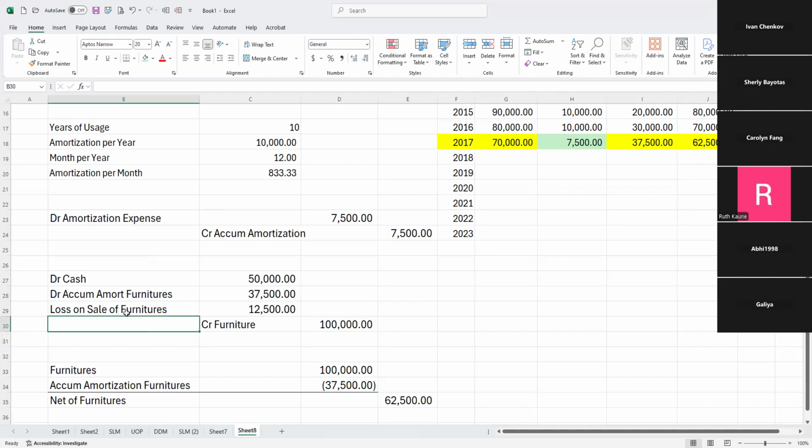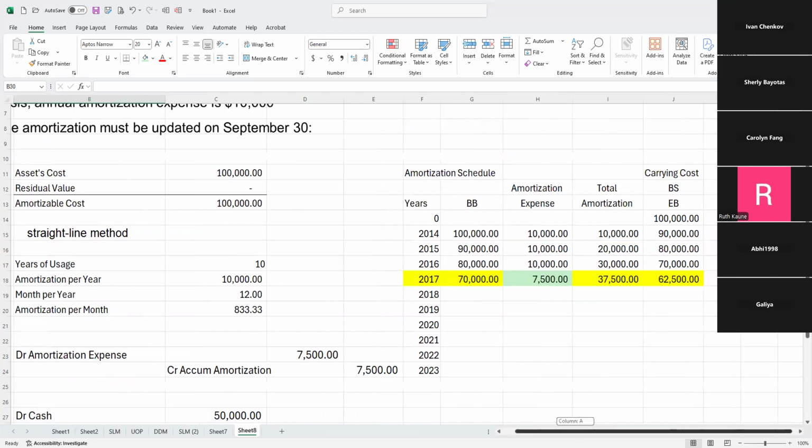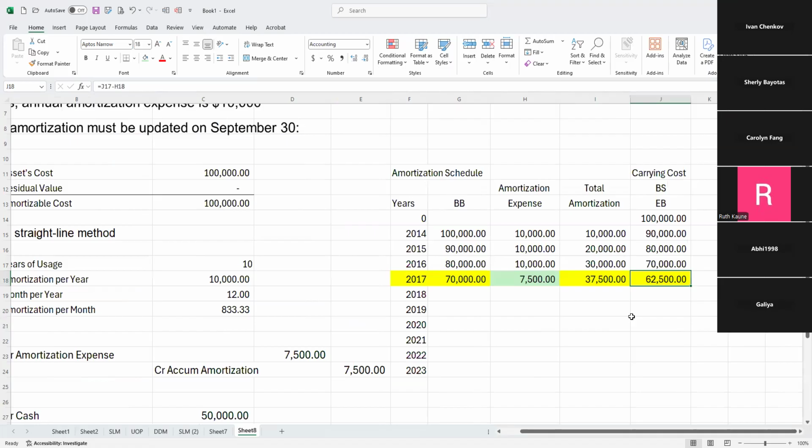Always make it logical. Go step by step. Yes, we're using this amortization schedule. Yes, we know what the carrying amount is, but the carrying amount shows us the net amount of the asset, which is shown on the balance sheet. Don't forget, original cost is the one sitting on the actual account.